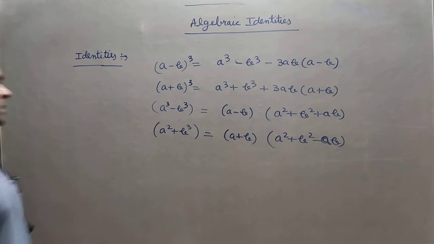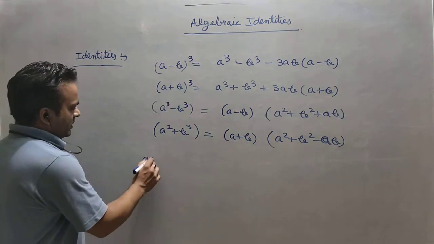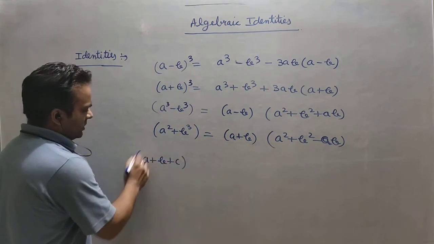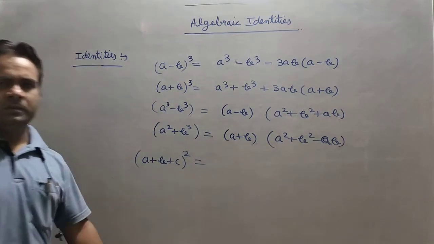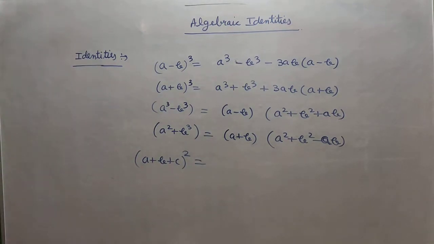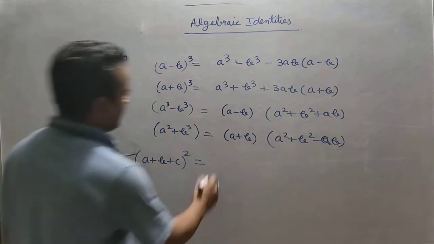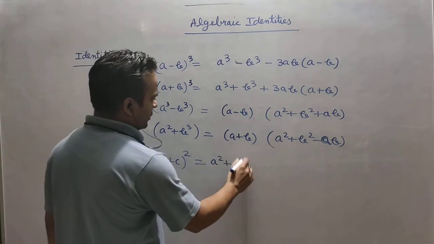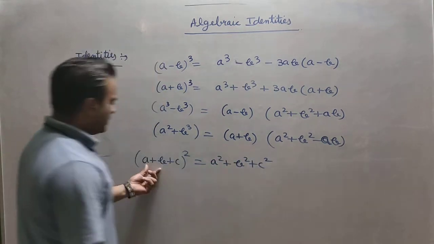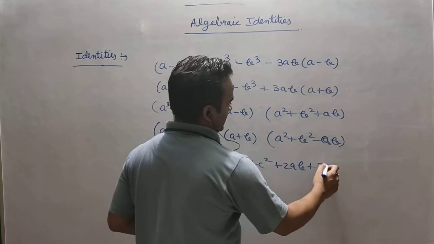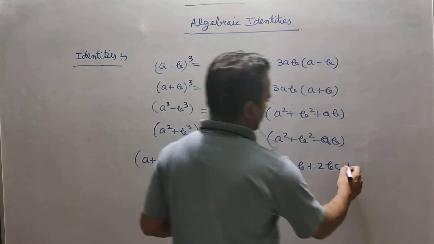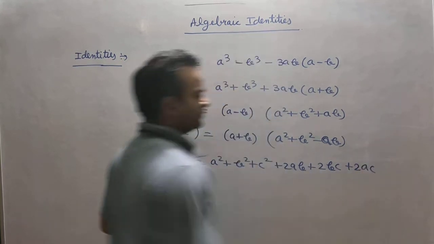Now suppose we are having three numbers, so it's a cubic polynomial and we want the square of this polynomial. So what will it be? First of all we will do the square of all. Then we will take two together: twice of the first two, twice of the last two, then twice of first and last.